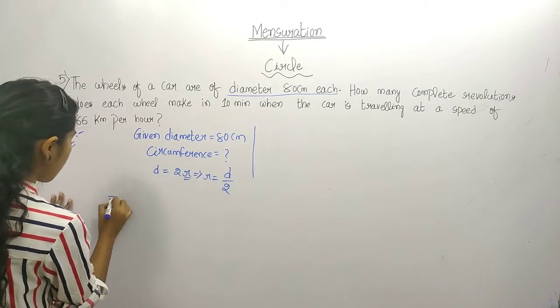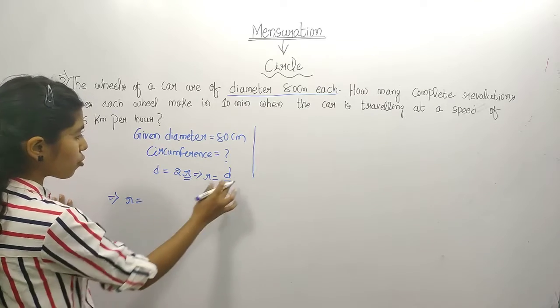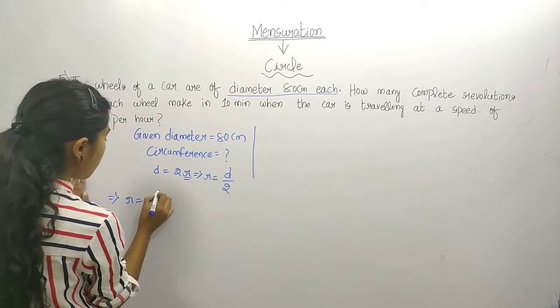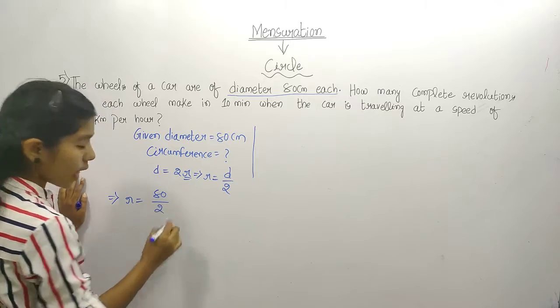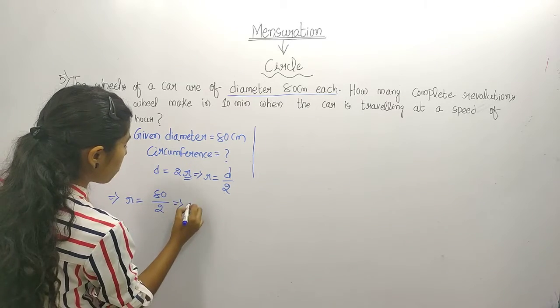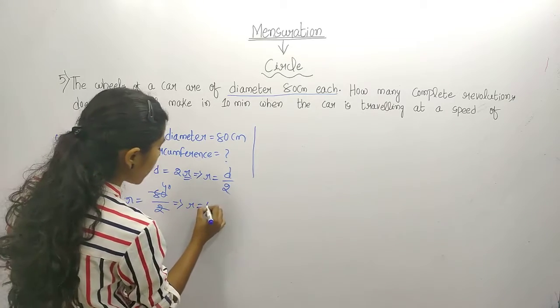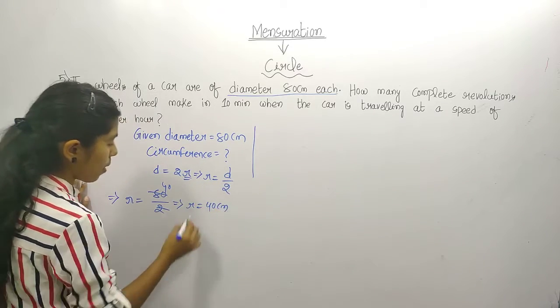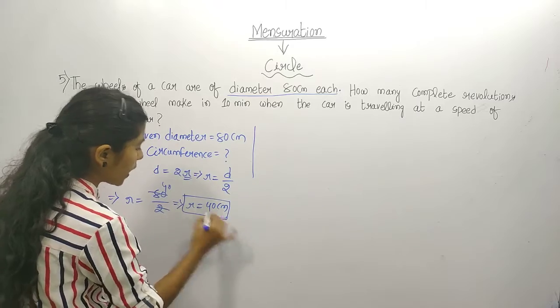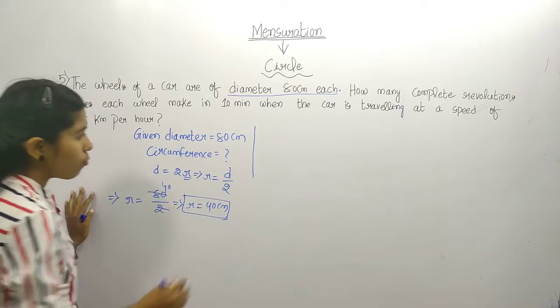So radius equals diameter 80 divided by 2, that is 40, since 2 into 40 is 80. So radius is 40 cm. Now you can easily find out the circumference.